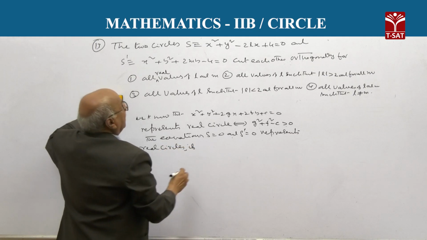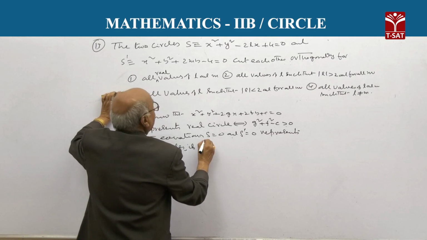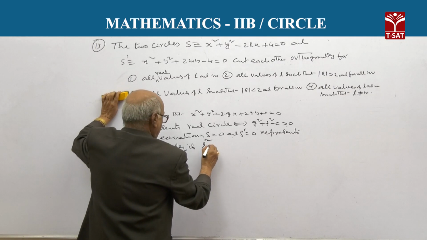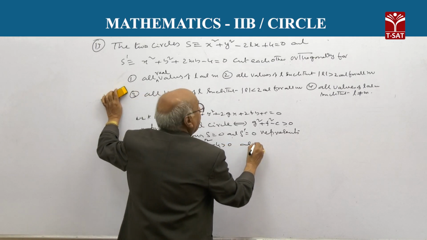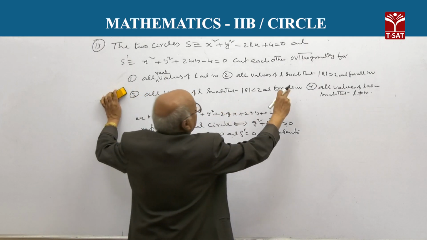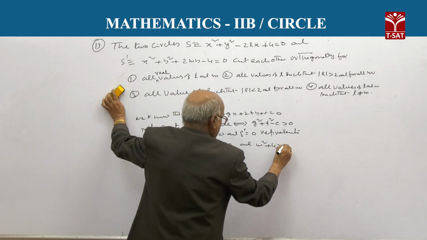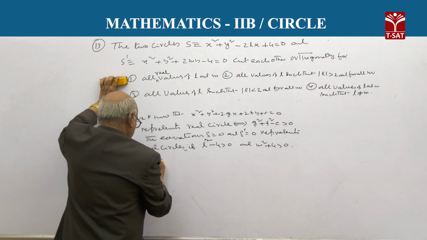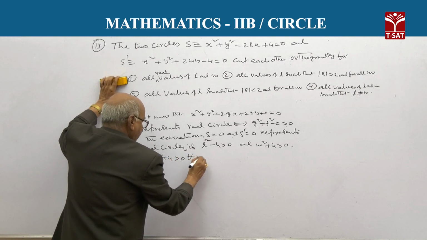if L square minus 4 is greater than 0 and m square plus 4 is greater than 0. But of course, m square plus 4 is always greater than 0 for all m.